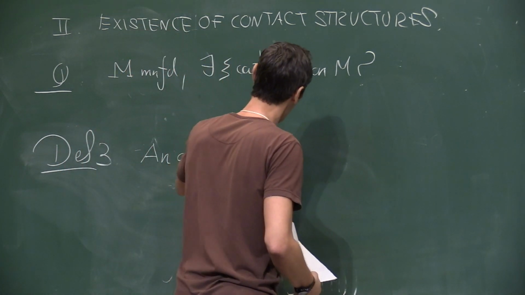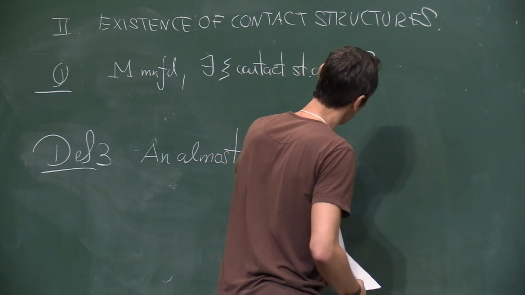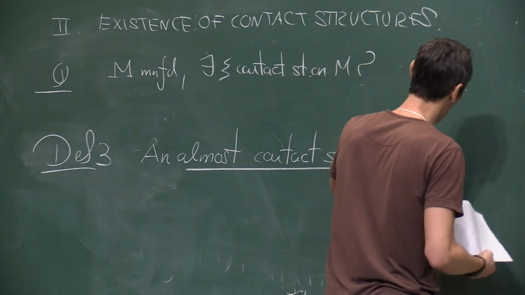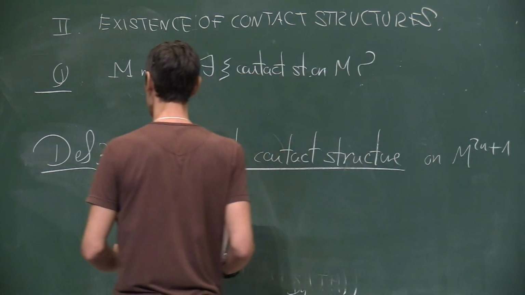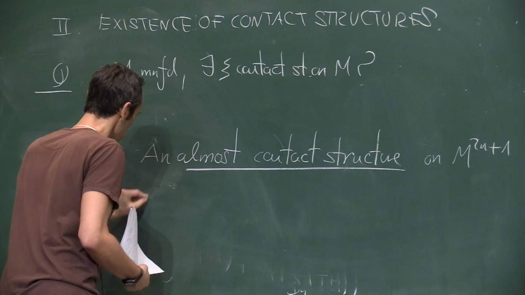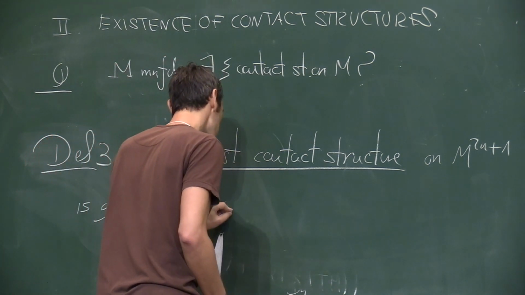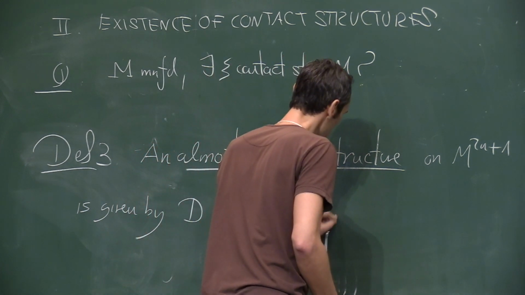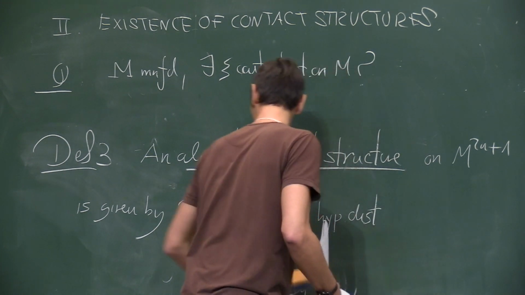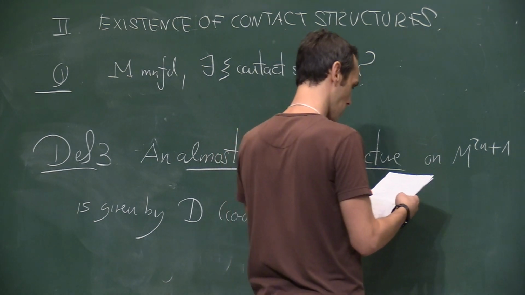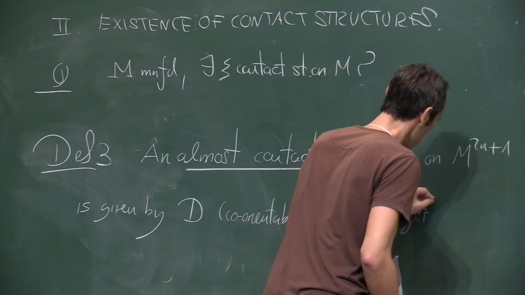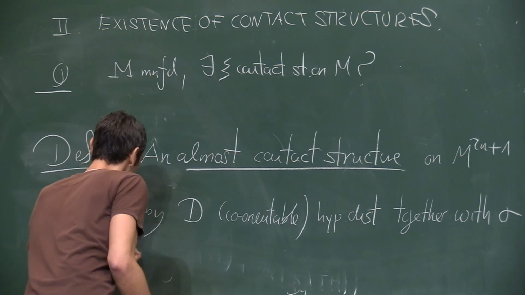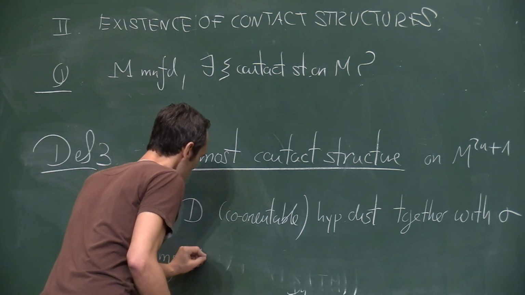So an almost contact structure on a manifold of odd dimension is given by D, let's assume for simplicity that it's a coorientable hyperplane distribution, together with a linear symplectic form sigma on D.